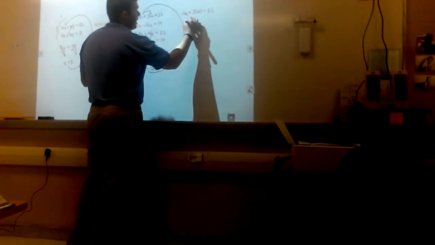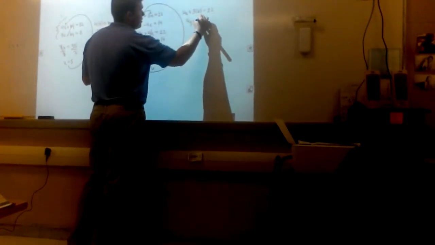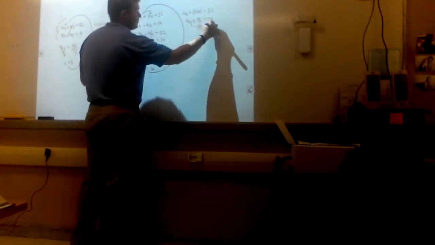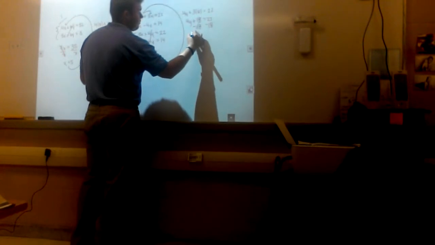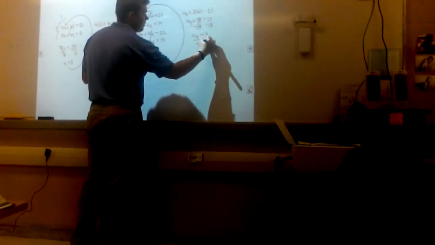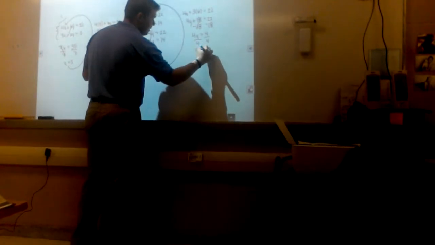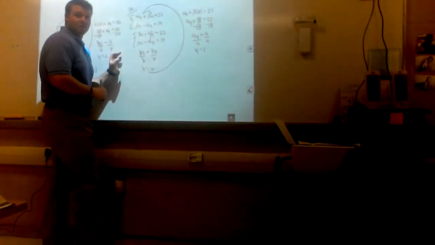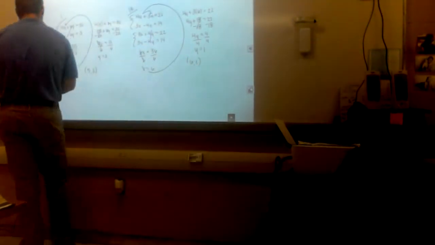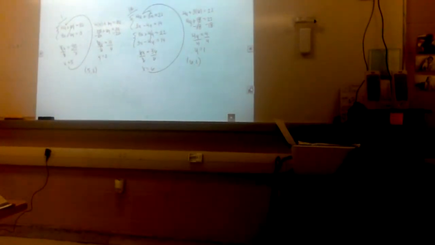So 4y plus 18 equals 22. Move the 18 over. 4y equals 4. Divide by 4, and y equals 1. What is your ordered pair? 6, 1. And we're done. There's your answer.